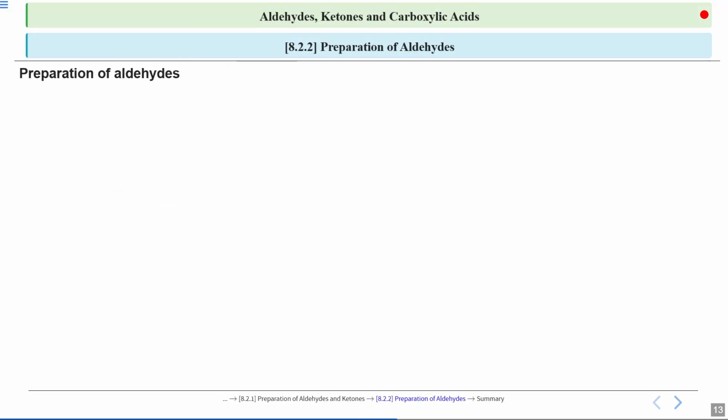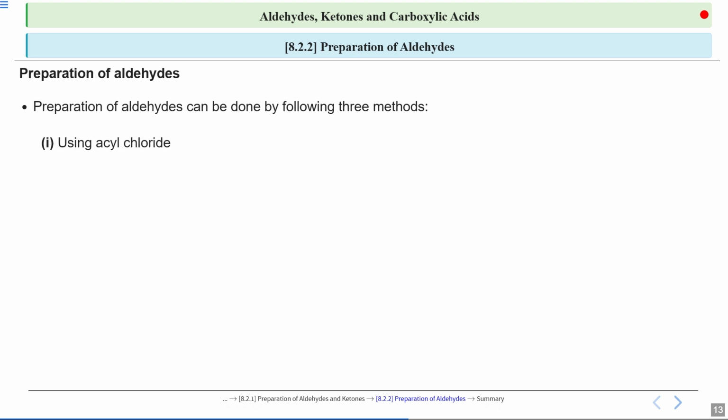Now we will see further preparation of aldehydes. The preparation of aldehydes can be done by the following three methods. First is using acyl chloride. Acyl chlorides are reactive compounds that can be converted into aldehyde through a specific reaction, which is known as the Rosenmund reaction.